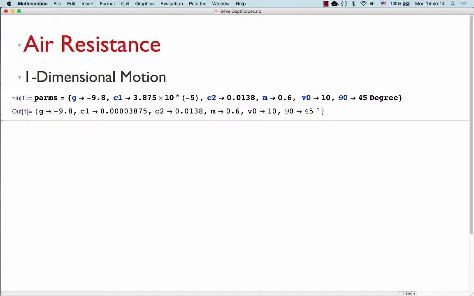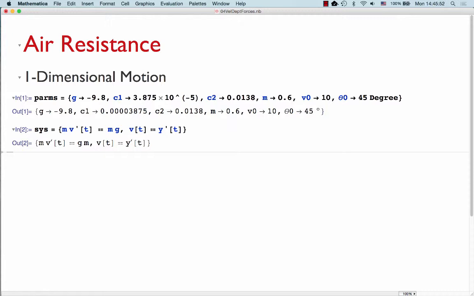So now I can make my system. We can say that it's m times v prime of t double equals, because remember we're asserting equality, we're not assigning, mg, and v of t is asserted to be equal to y prime of t. Okay, so that's my system.